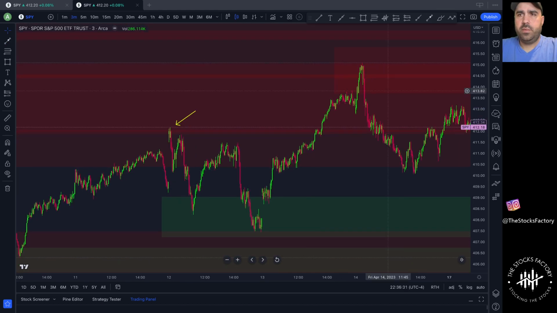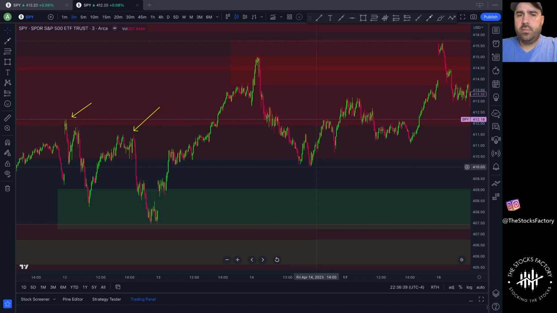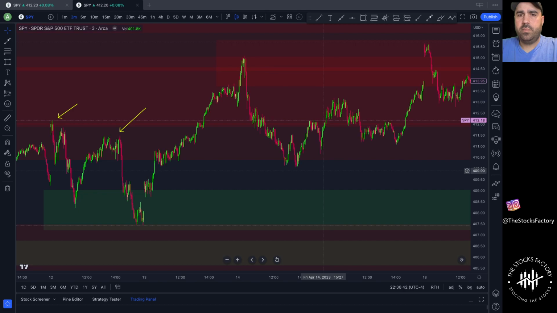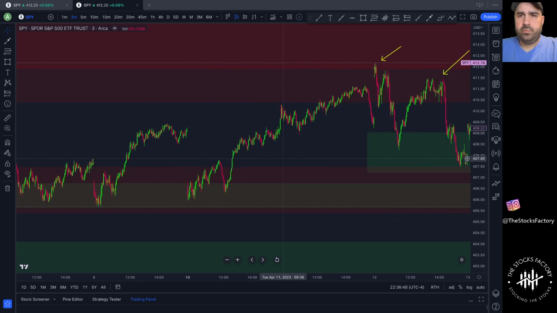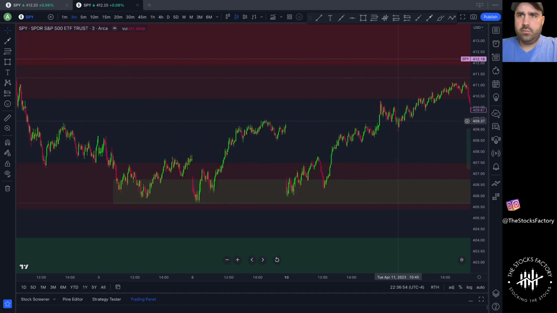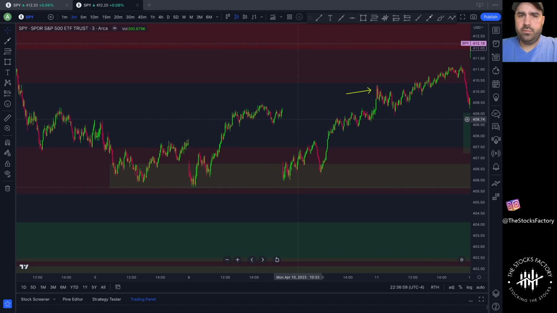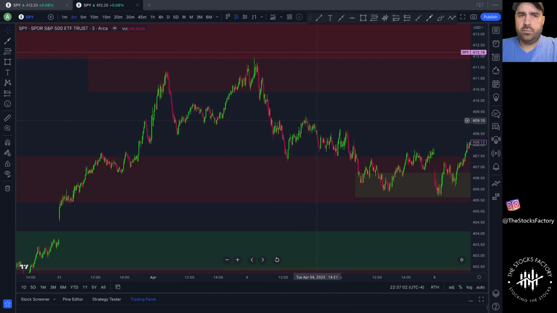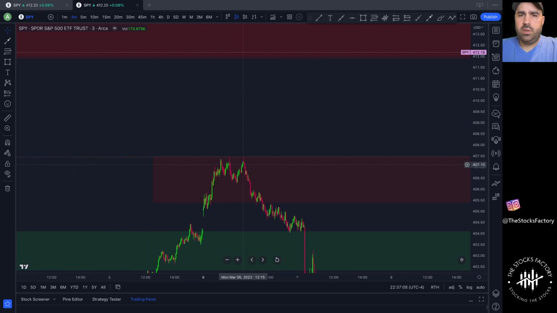Right? It's being respected right here. Being respected right here. How far we got this demand zone right here, or supply zone.